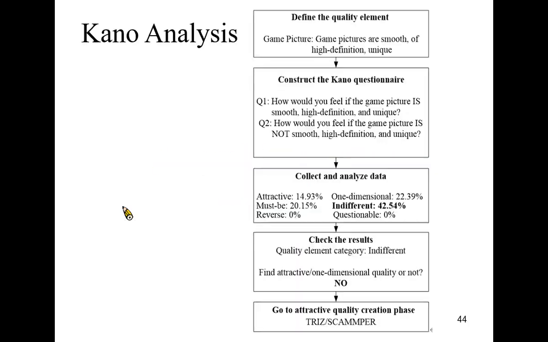We take the game picture as an example. Game pictures can be defined as smooth, high definition, and unique. Then we come to the Kano style questionnaire, with answers such as fulfilled and not fulfilled.